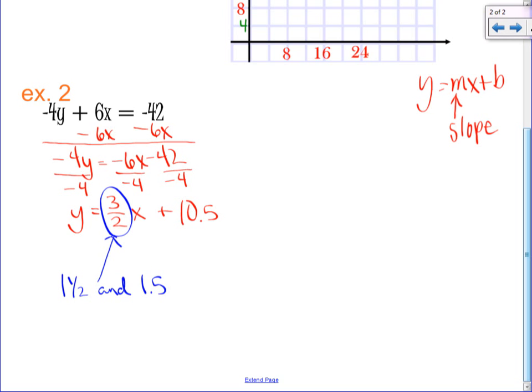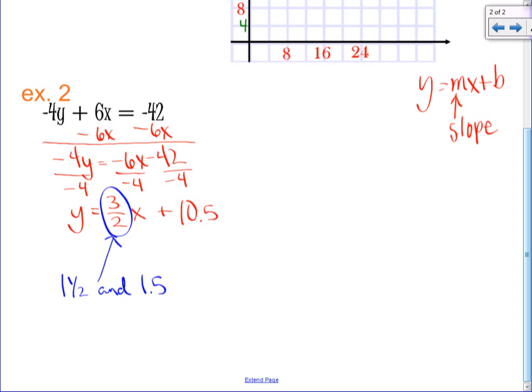These blue numbers right here are my pet peeve. What did we say slope was up here? What two words? Rise over run. Where is your rise over run on 1.5? You don't have one. Where's your rise over run on 1.5?